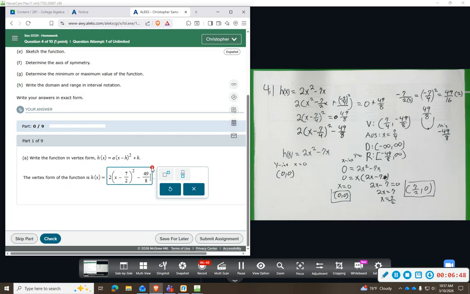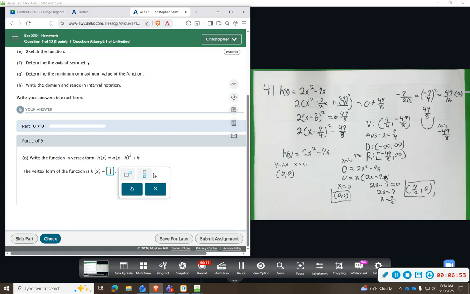Write the function in vertex form. So no, it says write the function in vertex form, and then it says the vertex of the function. So this just wants the vertex. I tried to put the actual vertex form in. The vertex is 7 divided by 4 and negative 49 divided by 8.